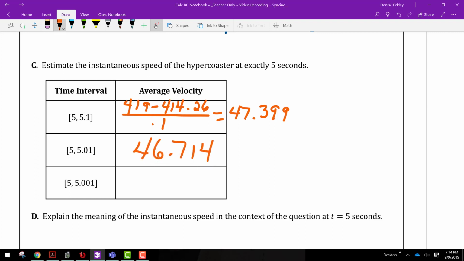46.714. And then finally, the last one will give me 46.647. So what we're looking at here is this is pretty close. So the meaning of our instantaneous rate of change is going to be our instantaneous speed.